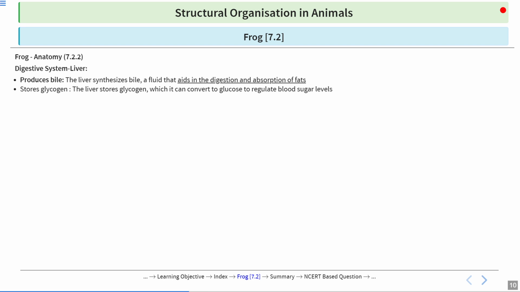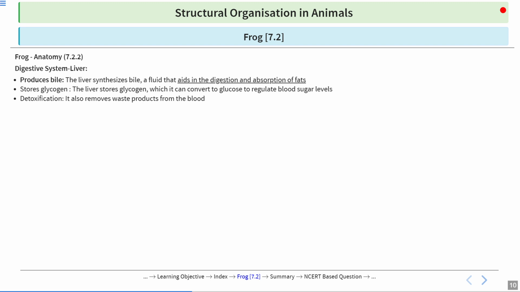What is the meaning of emulsification of fat? The fat's larger globules are broken down into smaller globules, and those globules are easy to digest. The surface area increases, right? And the lipase enzyme can easily work on it, and it can help in digestion of food, right?